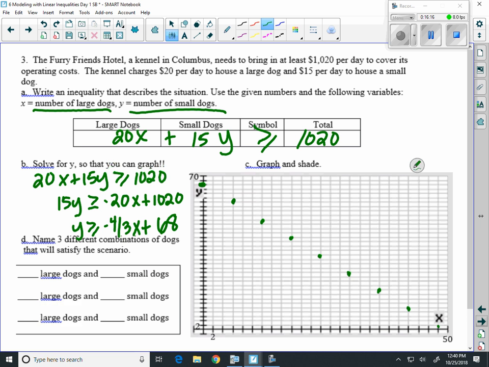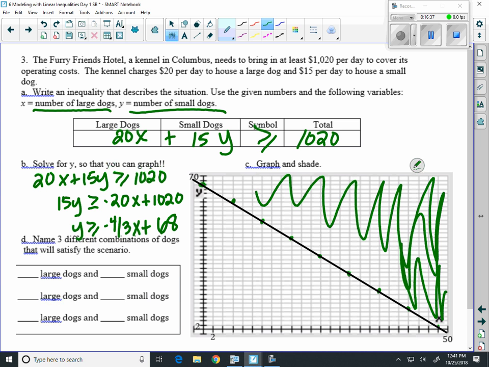Solid or dotted line? Solid, because it's equal to. Where are we going to shade? Above. It's greater than. We're shading above.